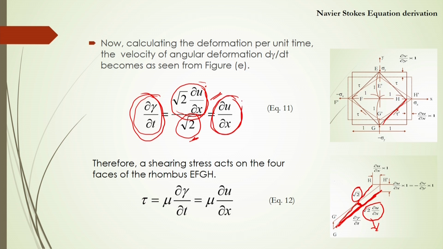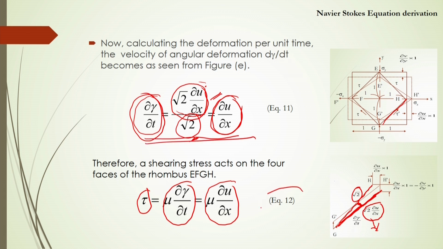Therefore, a shearing stress acts on the 4 faces of the rhombus EFGH here. In that case, tau should be represented as mu into ∂γ/∂t, which will be equal to mu into ∂u/∂x, based on this angular deformation. So, by equation 12 you can represent this shear stress.